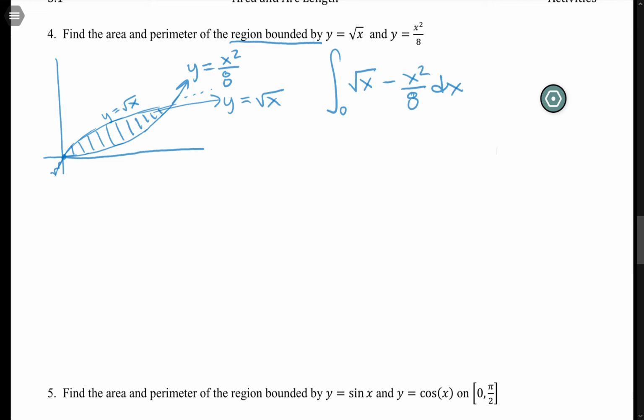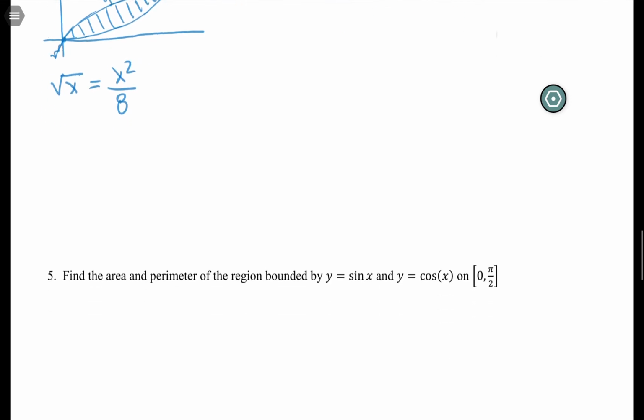So I need to know what this point of intersection is. If I want to find a point of intersection, I'm going to assume that my x's and y's both have to be the same at that point. So if y is the same, I can just set the two formulas equal. And I'm going to multiply by 8. I guess I didn't have to multiply by 8 first, but I still like it. And then I'm going to square both sides to get rid of that square root.